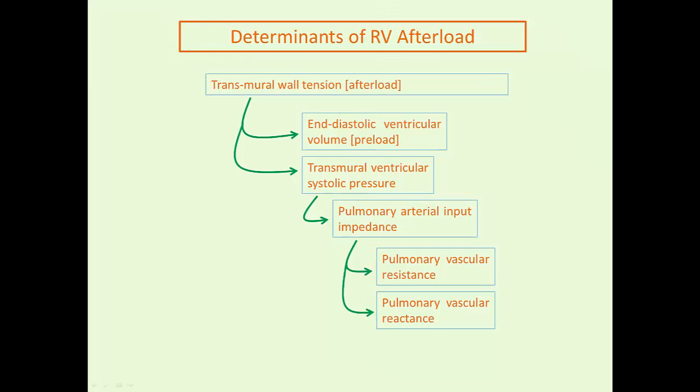So the increase in transmural ventricular systolic pressure doesn't really apply to the main proximal pulmonary artery and its branches, because again the RV and the large pulmonary vessels are exposed to the same intrathoracic pressure.